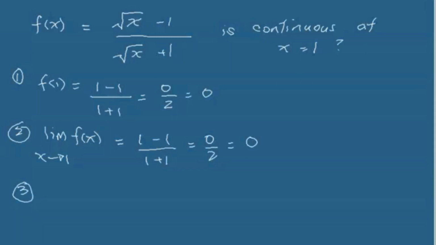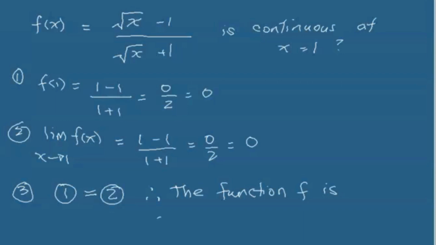So for step 3, condition 1 is equal to condition 2. Therefore, the function f is continuous at x equal to 1.